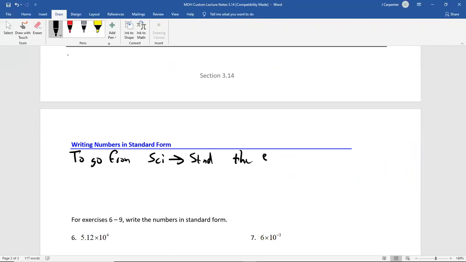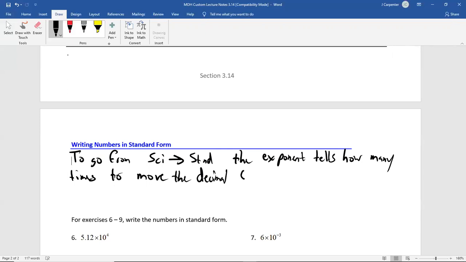The exponent tells how many times to move the decimal, and in what direction. A positive exponent says that you will move it to the right.